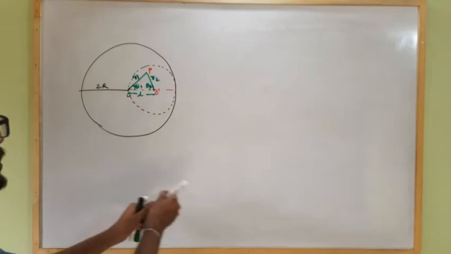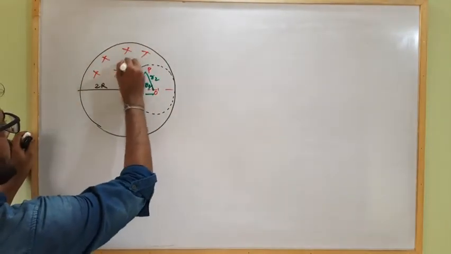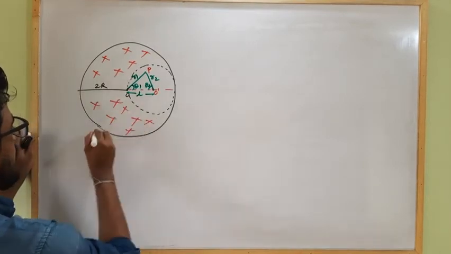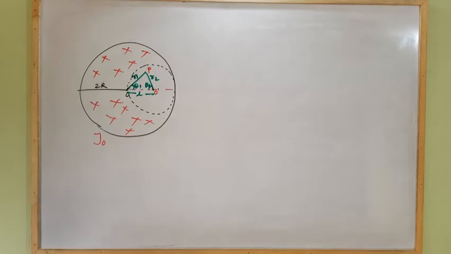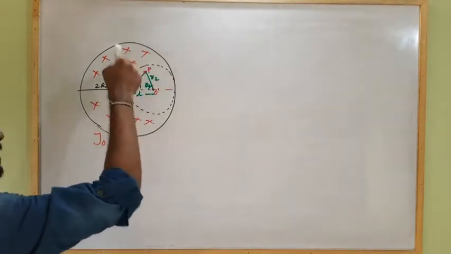Again, current in the conductor goes into the surface and has current density J naught. Now find the net magnetic field strength at point P, which is within the cavity.